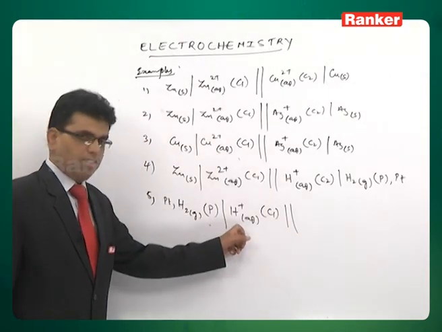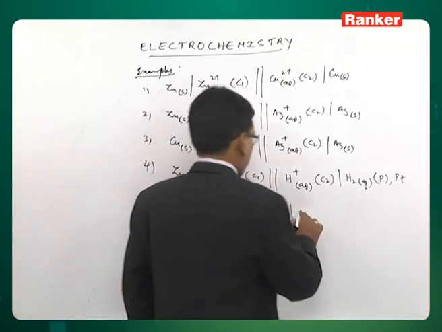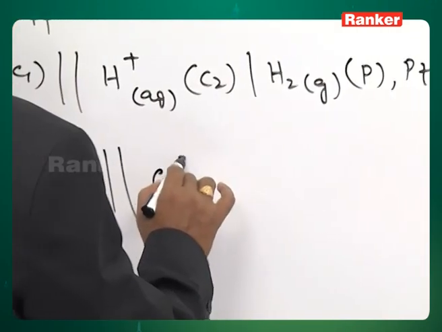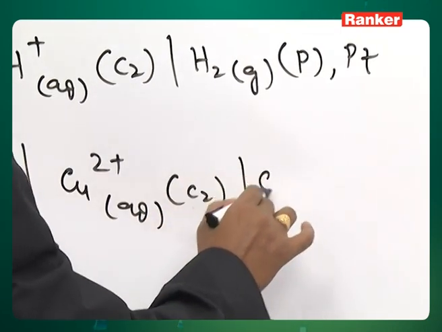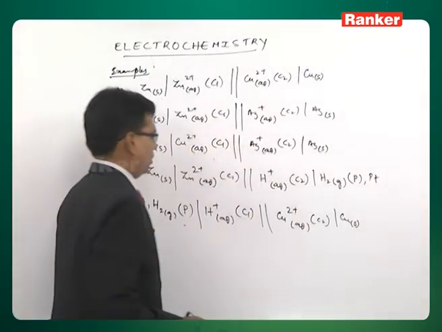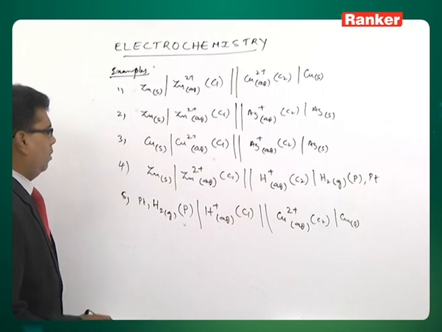Hydrogen gets oxidized to H plus ion, and here Cu2 plus is reduced to copper. This is the cell representation.